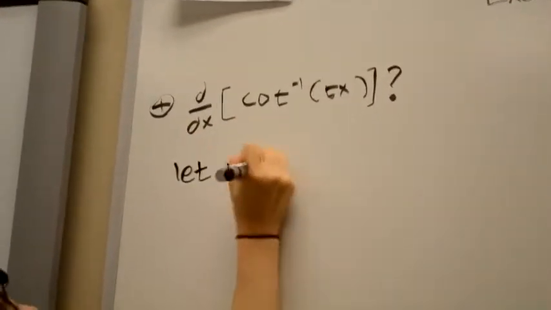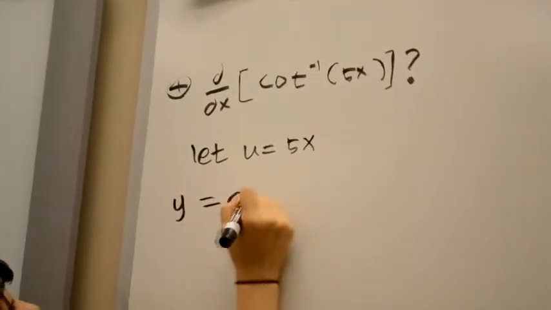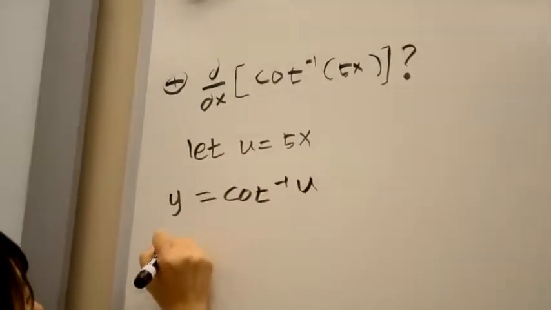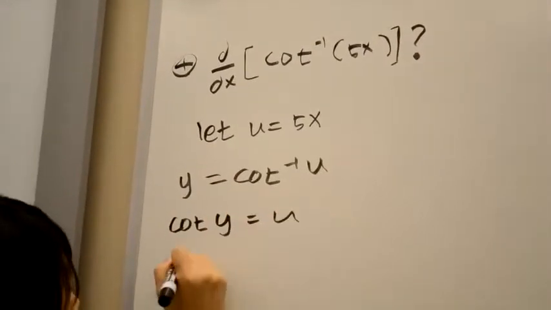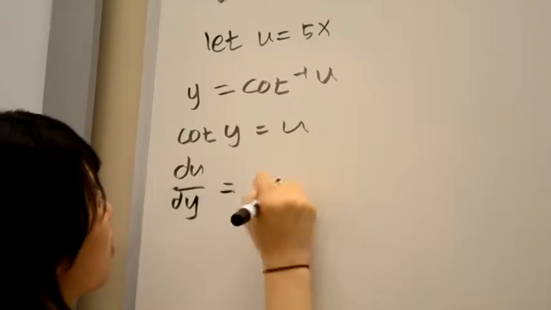Now we're going to do the derivative of the inverse of cotangent. And we're also going to use u sub in this case too. And we know that cotangent y equals u.